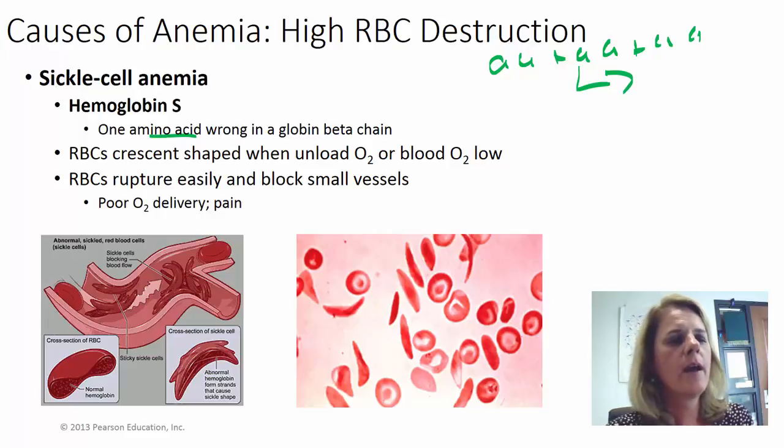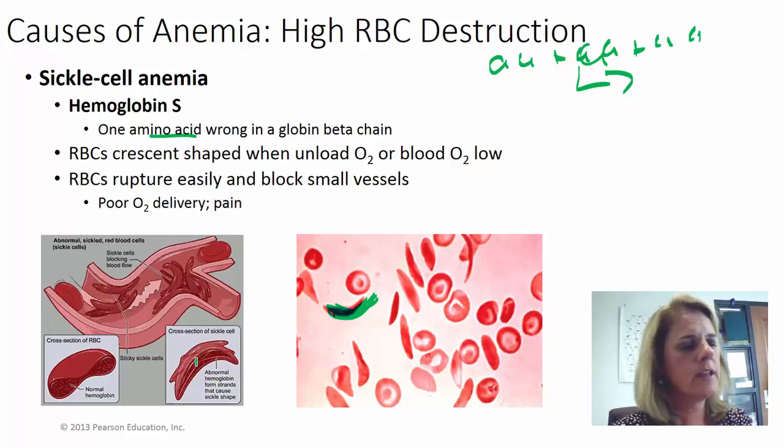Well, if one amino acid is slightly off, and maybe the charge is slightly off, you may get a slightly different shape. That's basically what's happening. And so with sickle cell, they have just that one mistake, or that one wrong chain, and it causes the RBCs to form these crescent, or sickle, shapes, okay? And so when they unload their oxygen, or when oxygen levels are low, the cells will sickle, okay?